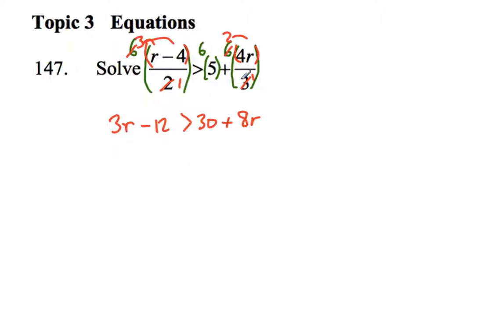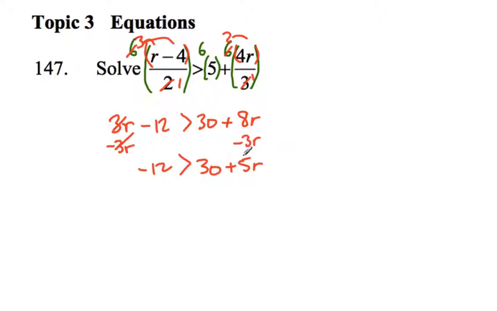But we do have letters on both sides, and we should probably move the smaller letter term first, so we'll minus 3r there. That'll leave us with minus 12, because a 3r and a minus 3r will cancel out. It's greater than 30. 8r minus 3r is plus 5r.